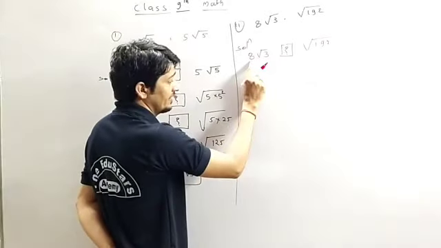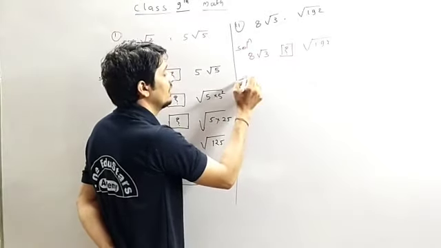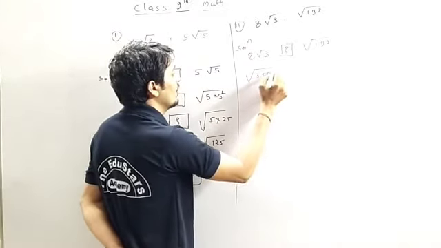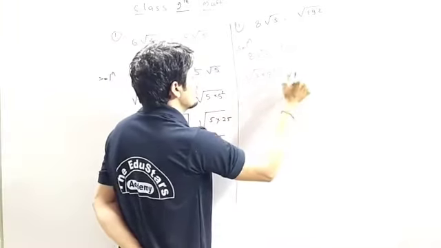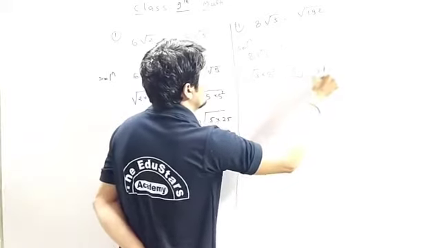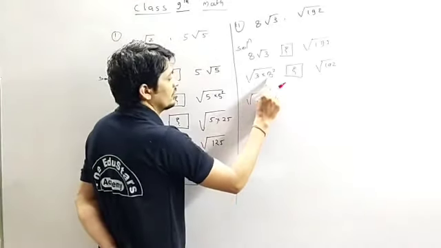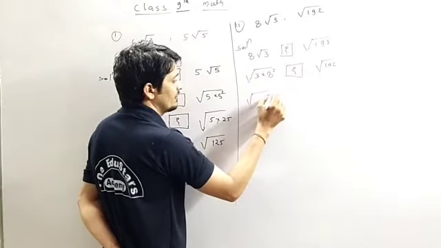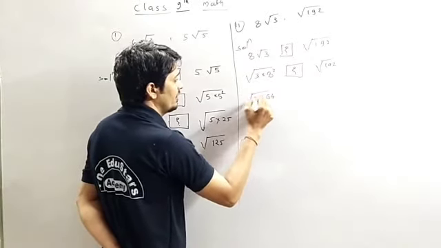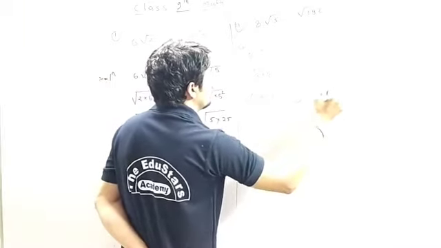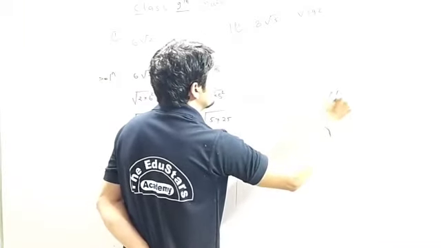So again we are taking this 8 inside. So it will become 3 into the square of 8. Again, question mark here. Then we have root 192. So the square of 8 is 64, into 3. Again question mark, and we have root 192.